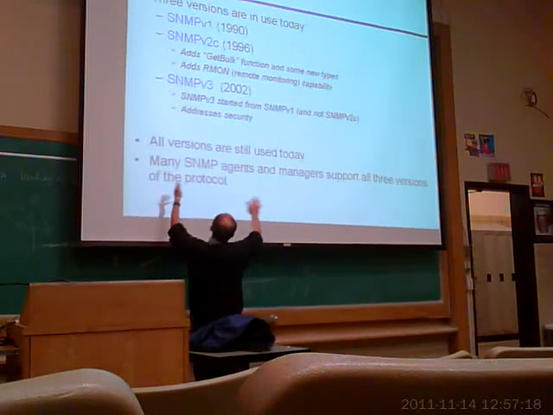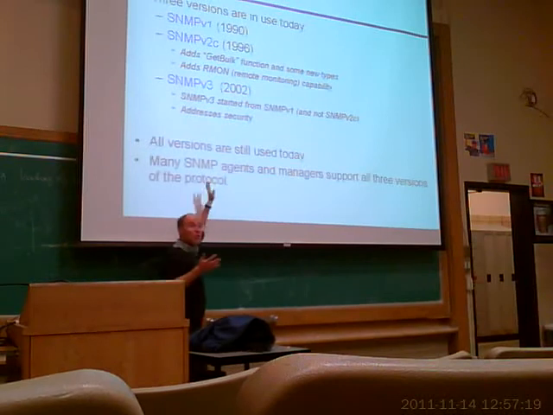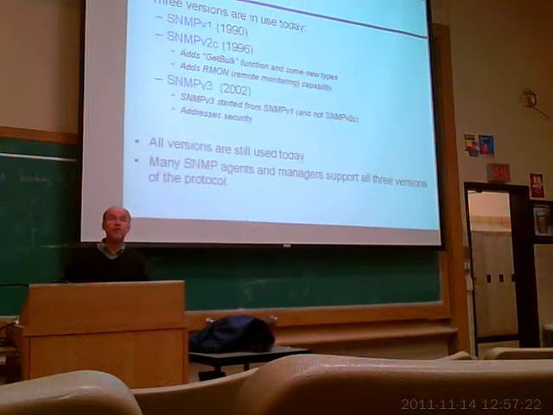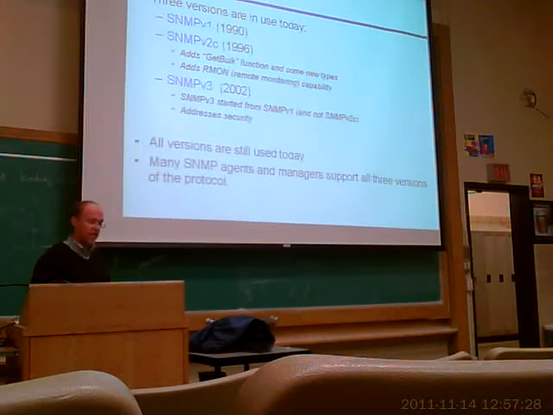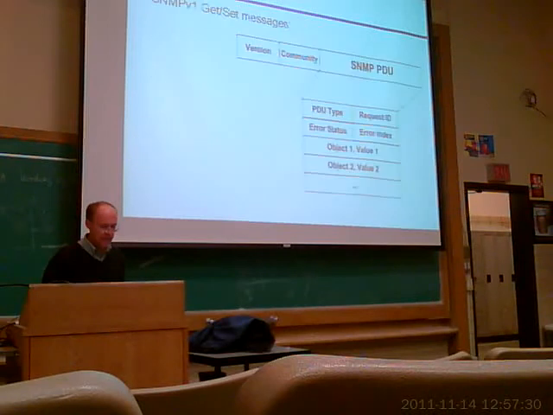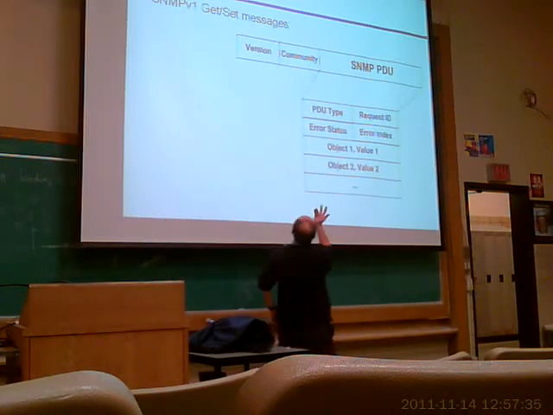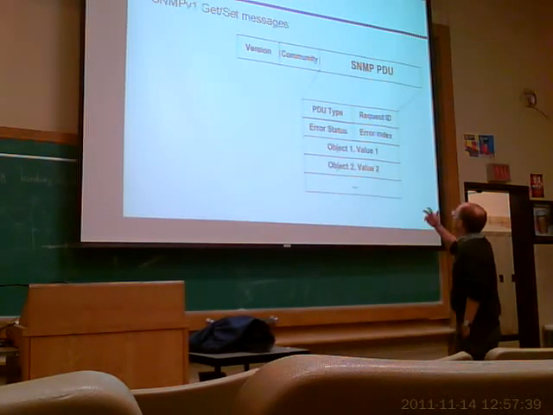Usually all versions are still being used. There's a lot of SNMP version 1 and 2C still around, and version 3 is the one that pretty much closes the loophole. As for the structures, not so interesting. So this is an SNMP version 1 packet.